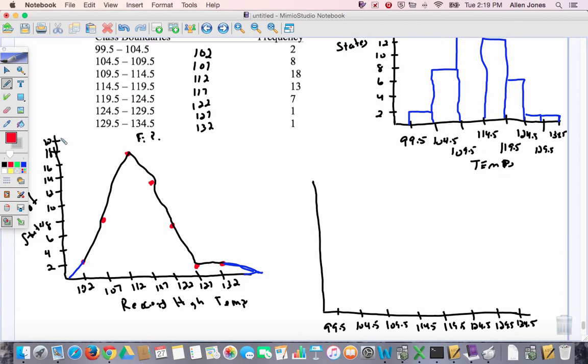And the other part of an ogive, it's a cumulative frequency graph. So I'm going to go back up to my graph here and put that cumulative frequency column in here: 2, 10, 28, 41, 48, 49, and 50.